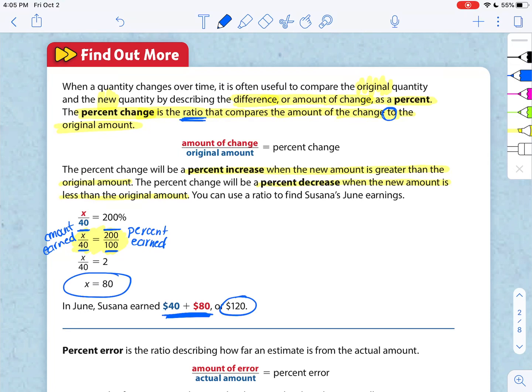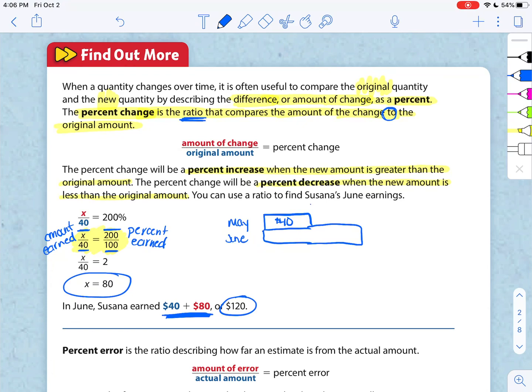If we were to draw a diagram, originally she earned $40. Well, then her new amount, so this was May, her new amount was 200%, so twice that. So we could draw a diagram that is 100%, 200%, so double the length. And that shows what she made in June.